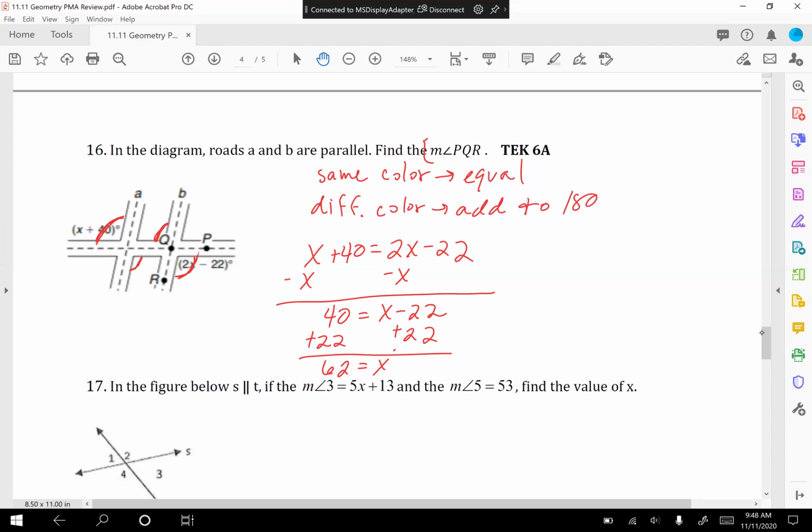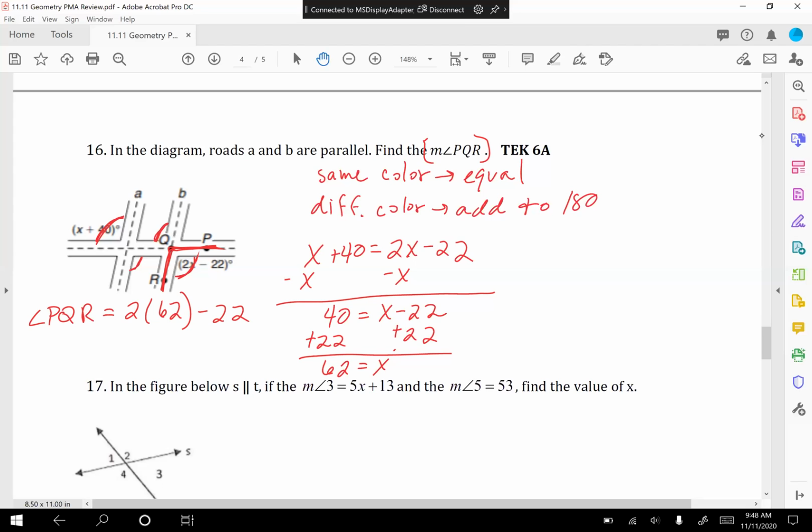But they want us to find PQR. Okay, so PQR, we've got to plug in. PQR is this one right here, the 2x minus 22. So 2 times 62 minus 22.